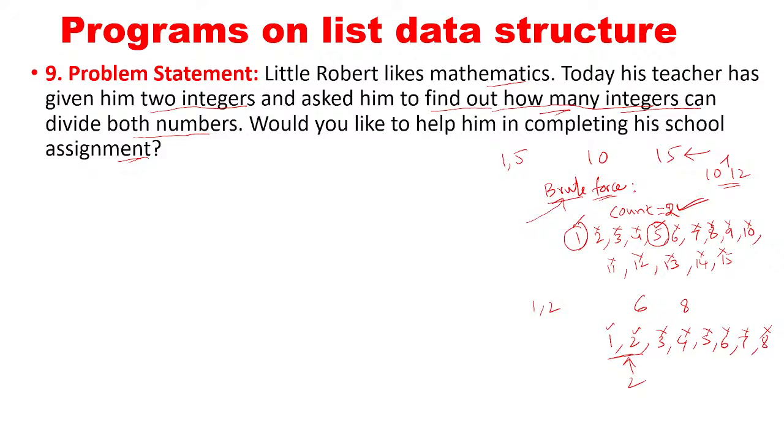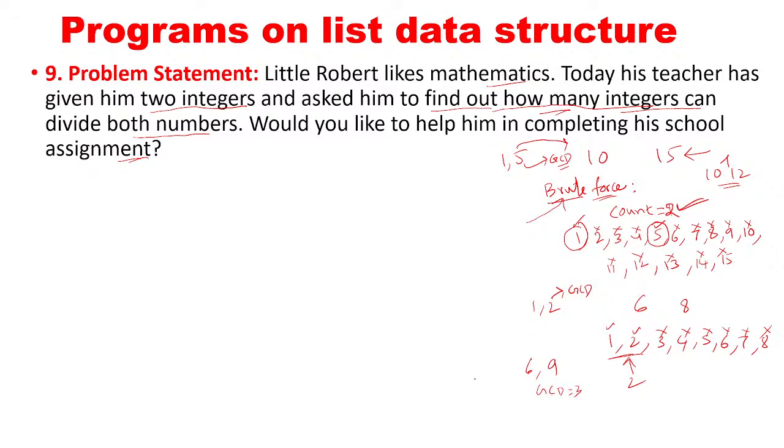How? This 5 is nothing but the GCD of these two numbers, yes or no. And 2 is the GCD of 6 and 8. For example, if you take 6 and 9, its GCD value is 3.